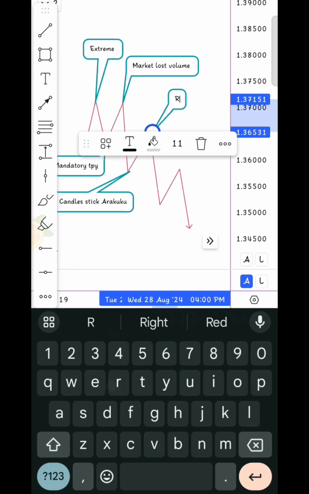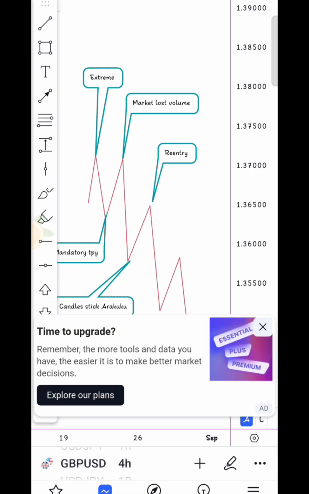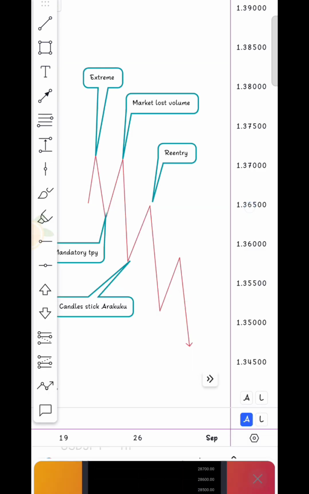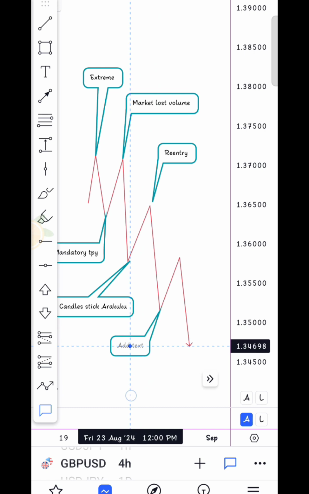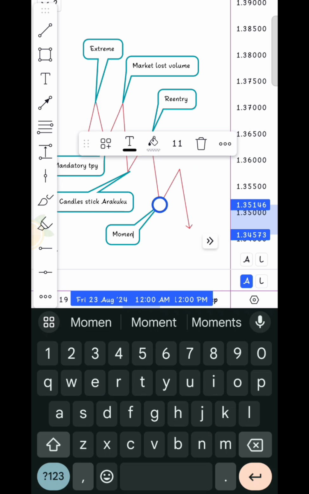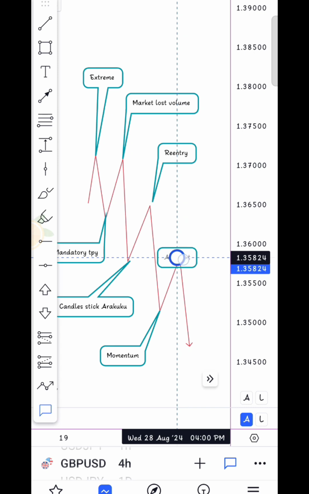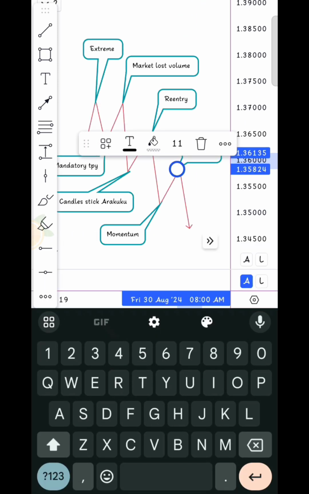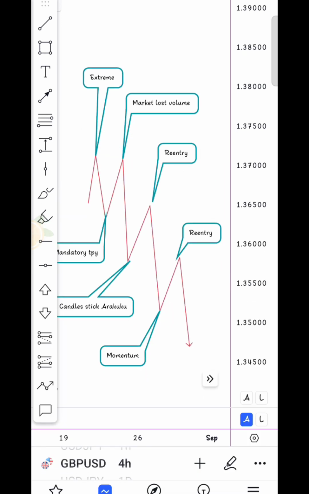This is a re-entry, and then we shall have CSD. This is it. Now this is a momentum. Now price will make momentum. We are going to see all these live on charts, and then price makes a re-entry once again, and price continues like that.